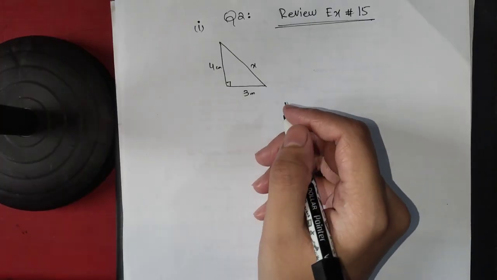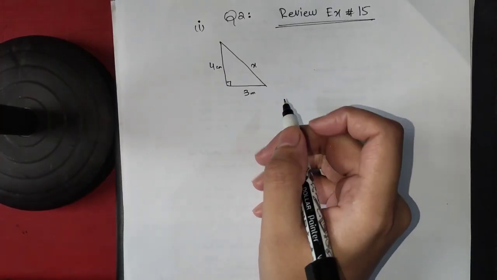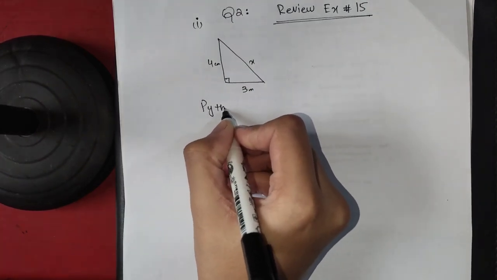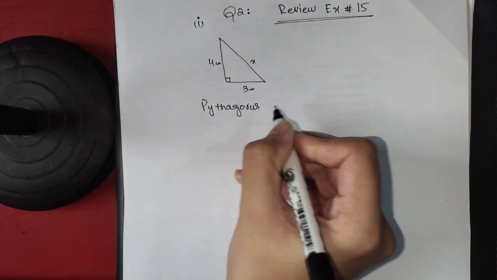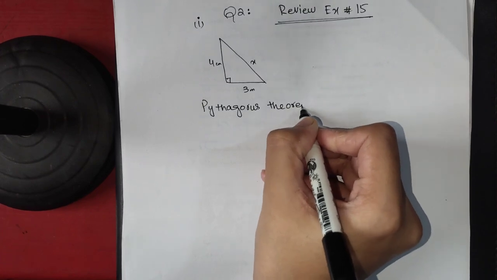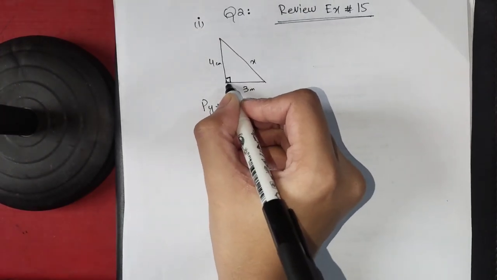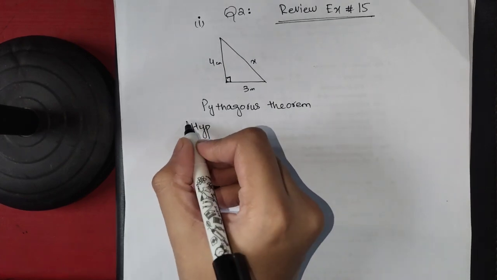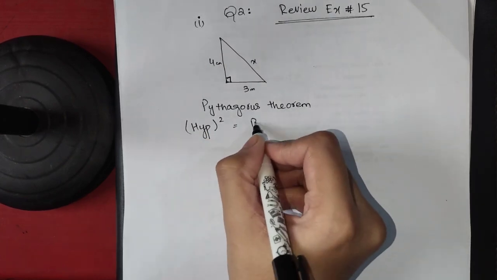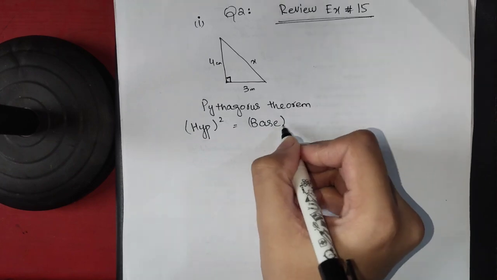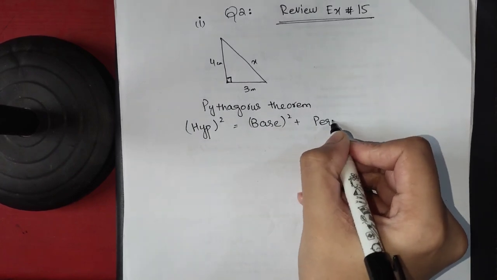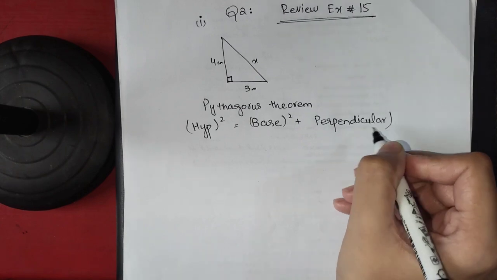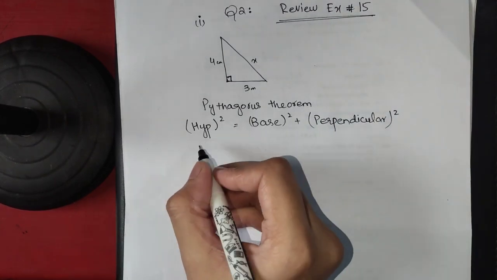Here we have our question number 2 of review exercise 15. You have to find out the unknown using Pythagoras theorem. This is your 90 degree angle, and the side opposite to 90 degree is called hypotenuse. Pythagoras theorem states that hypotenuse square is equal to base square plus perpendicular square. Okay, what is your hypotenuse?